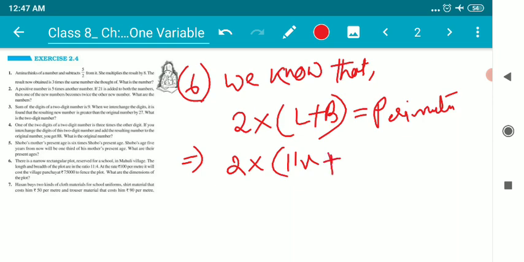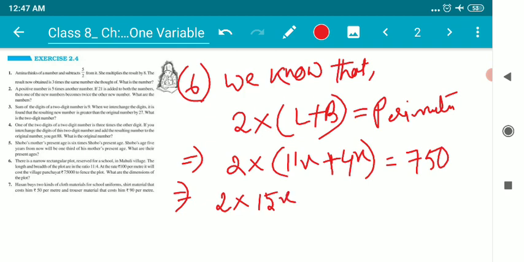Breadth was 4x. So I'll just replace length and breadth with 11x and 4x. And the perimeter, I just calculated, was 750 meter. Now 2 into (11x plus 4x) is 2 into 15x, is equal to 750. Alright. Now children, 2 into 15x is 30x is equal to 750.